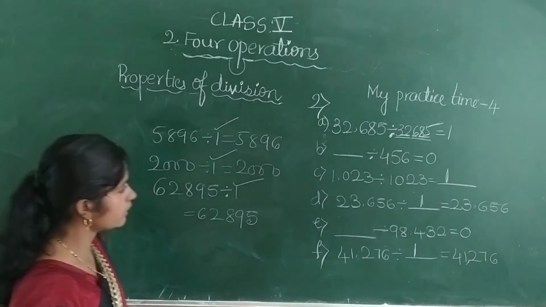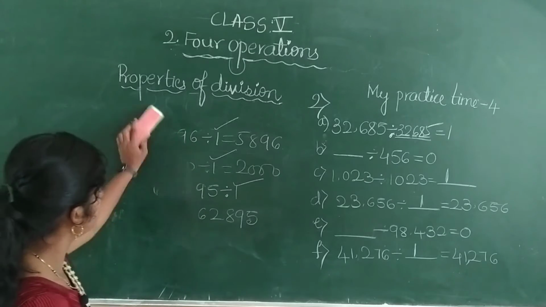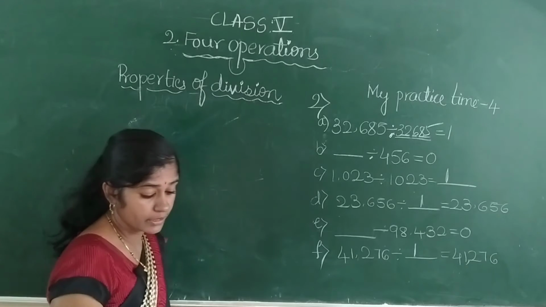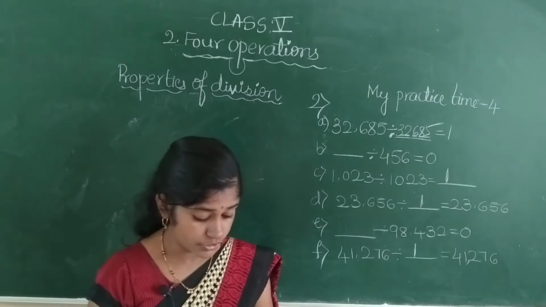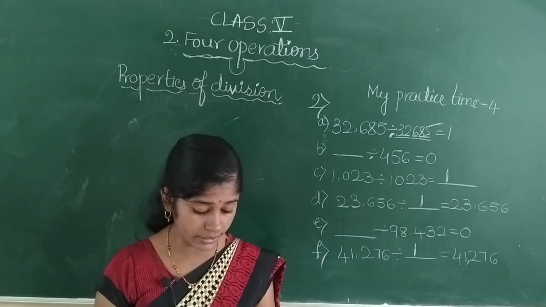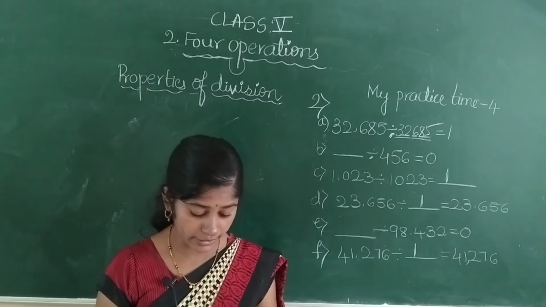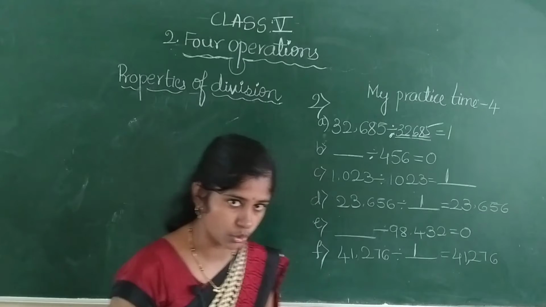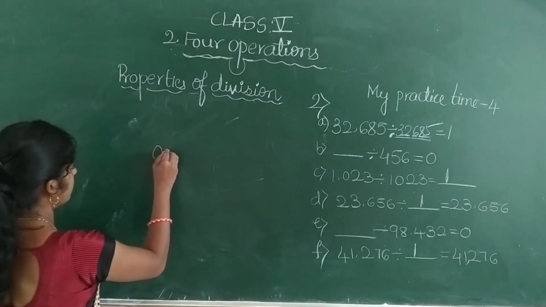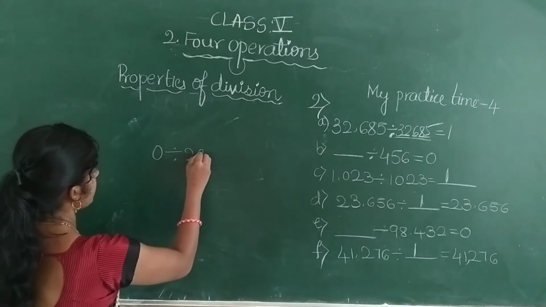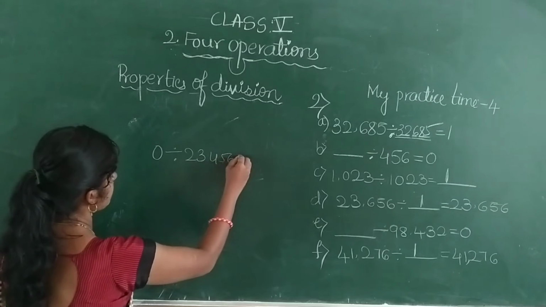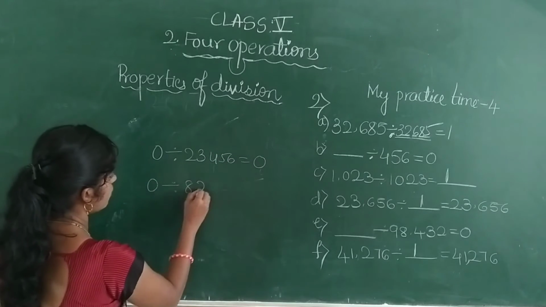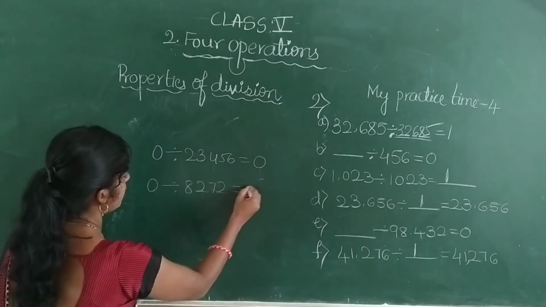Then one more property is there, and that is property number 3. If 0 is divided by any non-zero number, then the result is always 0. See here, 0 divided by 23,456 is 0. 0 divided by 8,272 is 0.